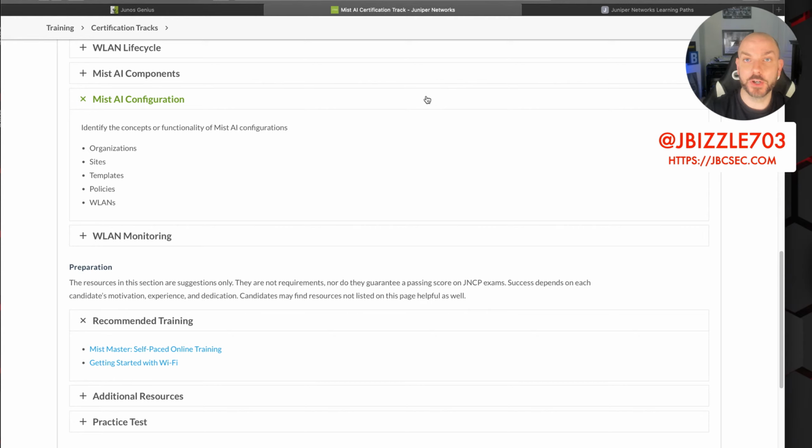So as far as particulars you should really focus on, from my perspective, I have a few different notes here. One of the main things is you really want to make sure that you understand the differences between the 2.4 and 5 gigahertz standards.